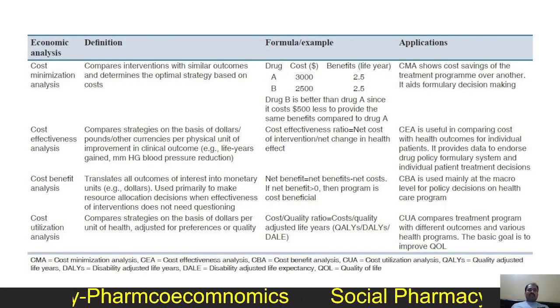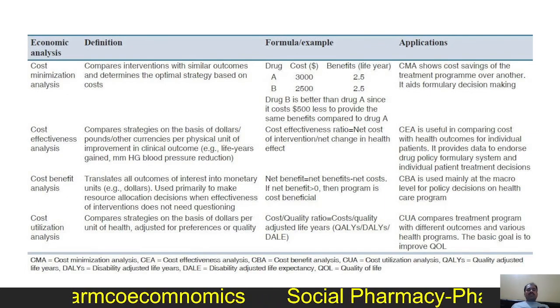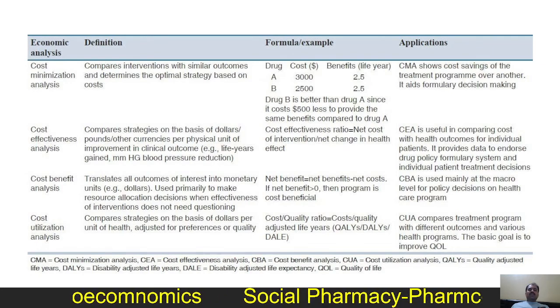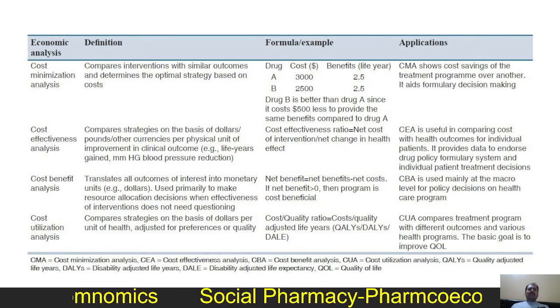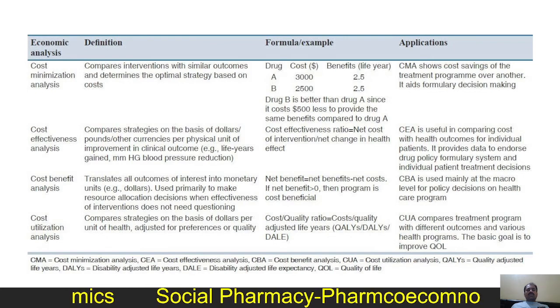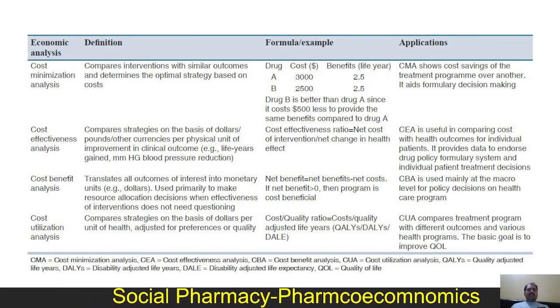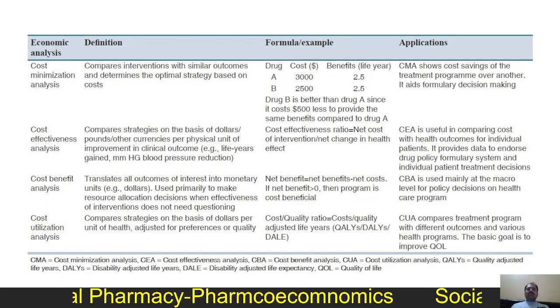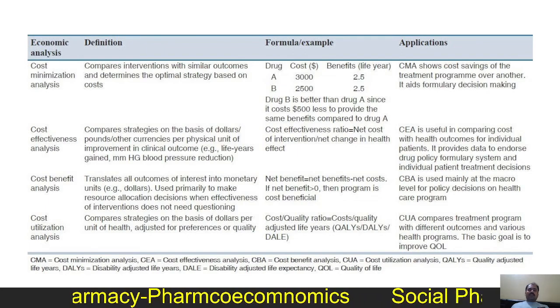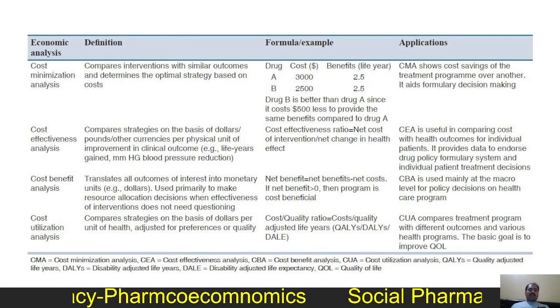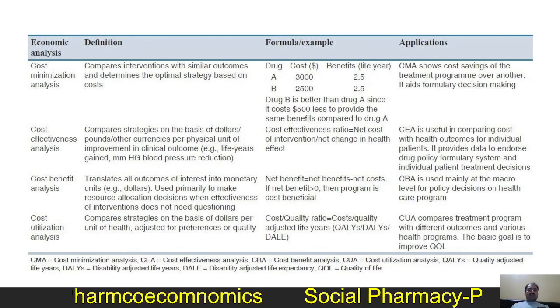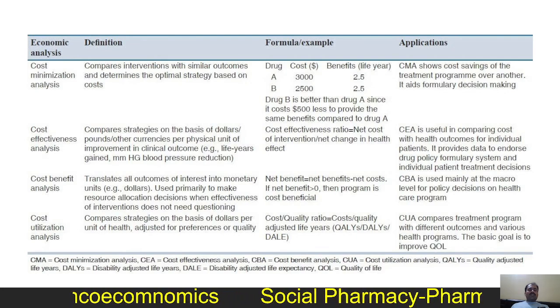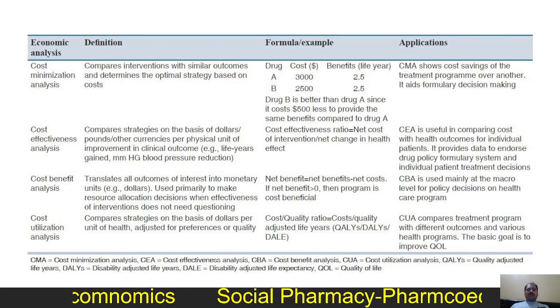Second method is cost effectiveness analysis, in which we compare the strategies on the basis of the currency we are utilizing per physical unit of improvement in the clinical outcome, like life years gained, or mm Hg of blood pressure reduction with a particular treatment.